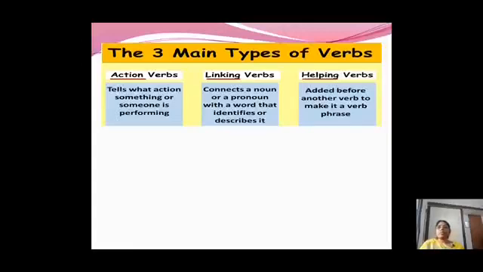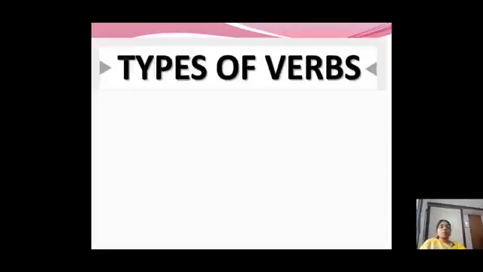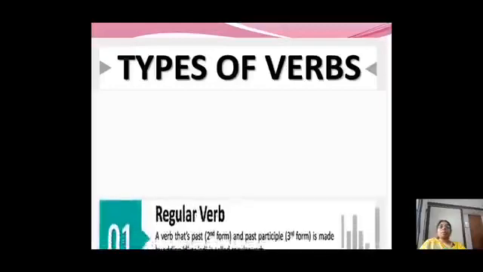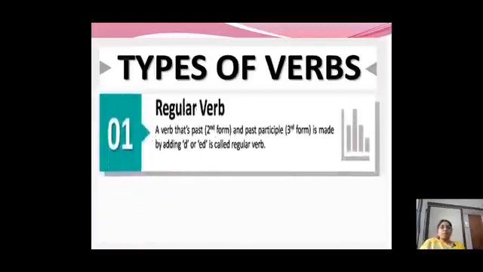The first type of verb which we are going to see is regular verb. A regular verb is a verb whose past tense, that is second form, and past participle, that is third form, are made by adding d or ed.